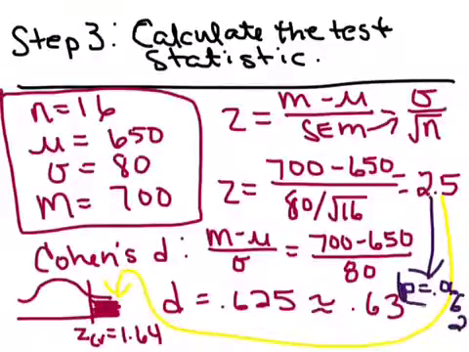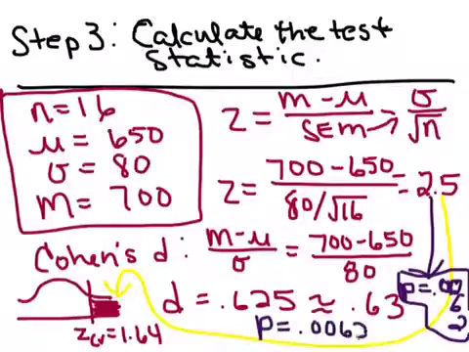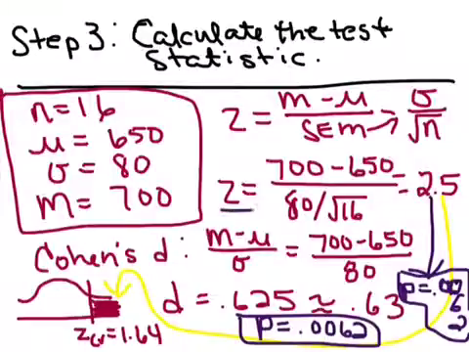I'm writing it really crooked, but we need this for when we write our APA statement. We found that by looking up our Z obtained in column C in the unit normal table at the back of your textbook. So now we can actually write our APA result.